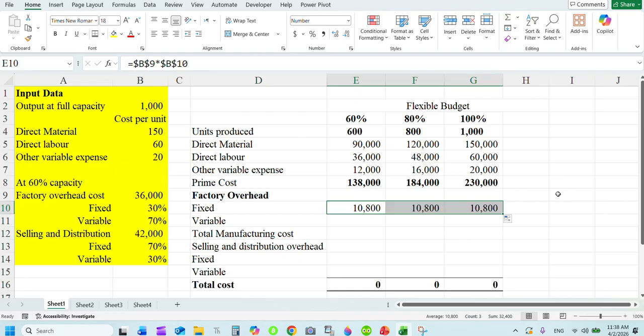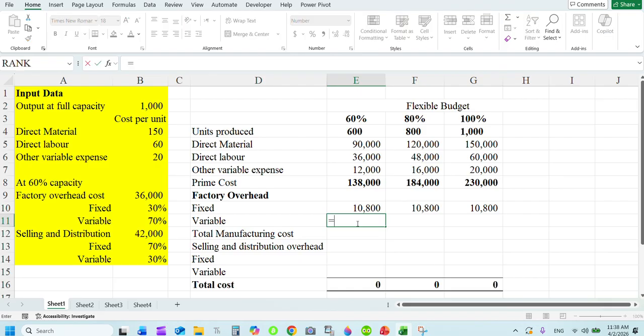So this fixed factory overhead cost, since it is fixed, will remain constant for all the three output levels. Then when it comes to variable overhead cost, what is the variable factory overhead cost? 36,000 is the total overhead cost, out of which 70% is variable.